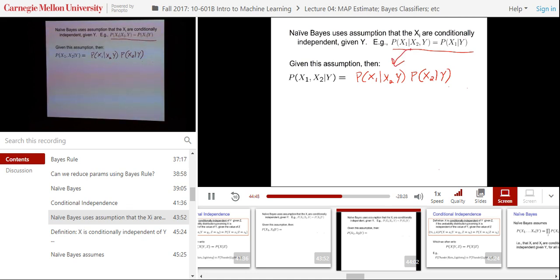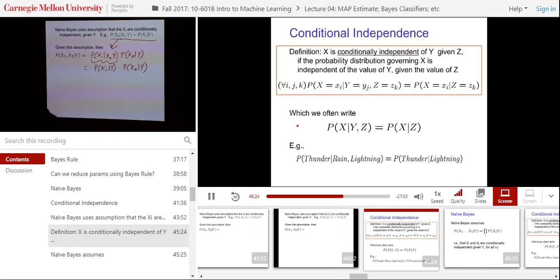But if I make this assumption, then I can re-express this as just p of x1 given y times p of x2 given y. So here I have only two x's, but the first line follows just from the chain rule, right? But if I make the conditional independence assumption, then I can represent the first term this way.